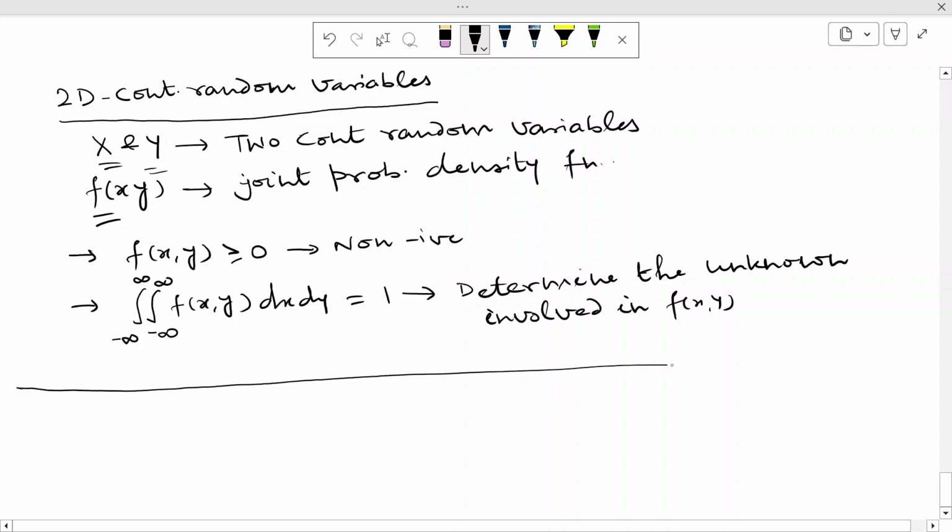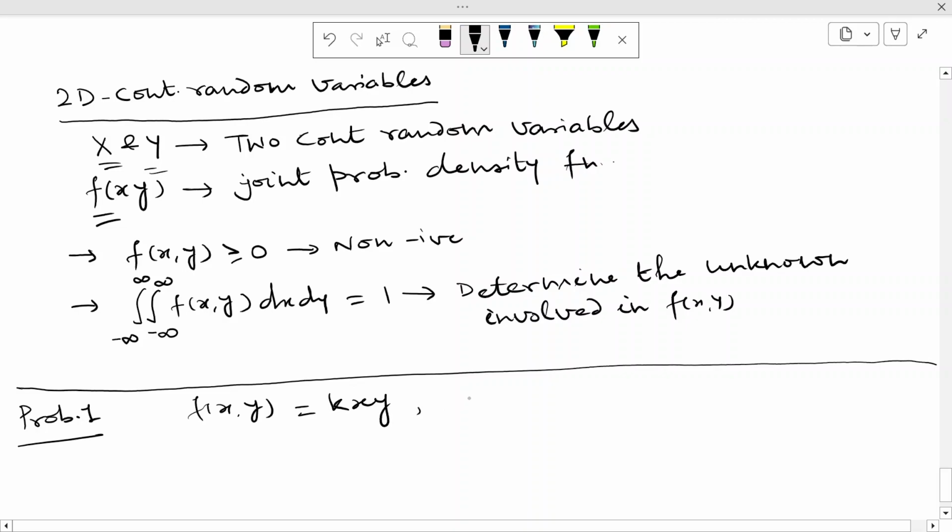Now let us discuss some basic problems on this two-dimensional continuous random variable. Our problem number 1 is, we are given that this function, which is defined as k times xy, is the joint PDF.